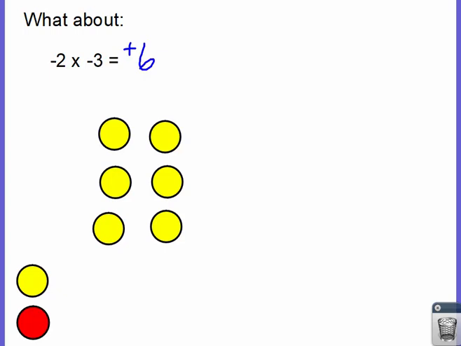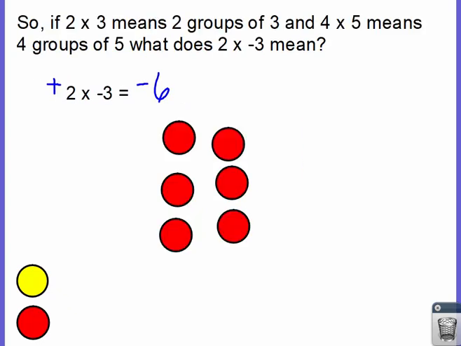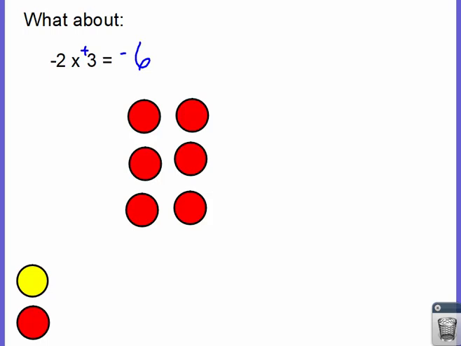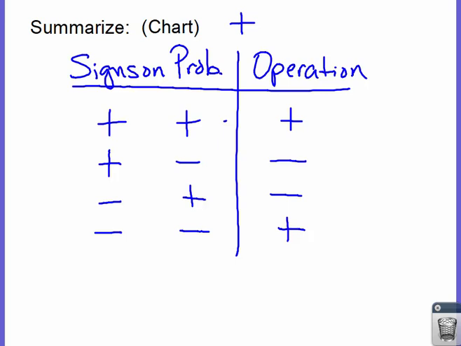So if we go back and review what we just talked about, a positive times a positive gives me a positive answer. A positive times a negative gives me a negative answer. A negative times a positive gives me a negative answer. And a negative times a negative gives me a positive answer. If you really pay close attention to those signs, all that is this chart. A positive and a positive make a positive.